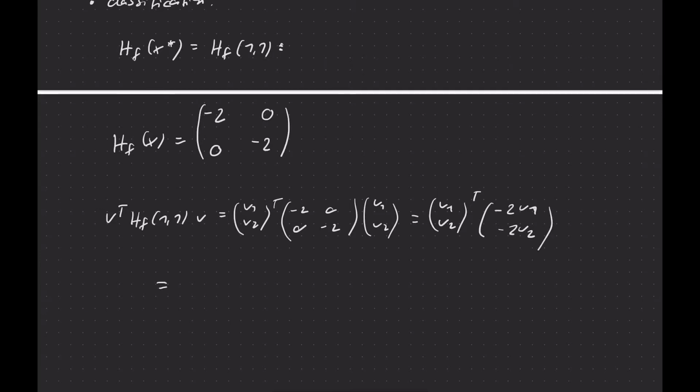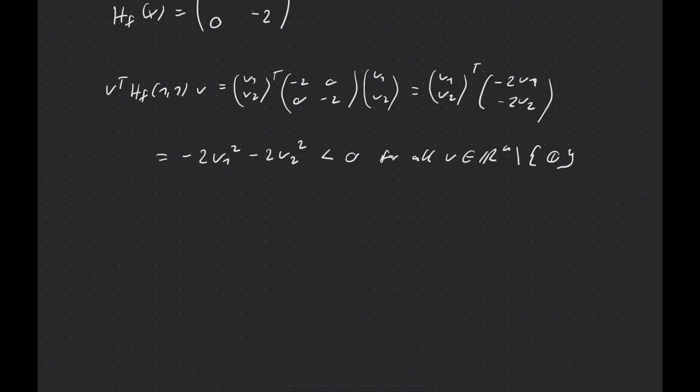And if you compute that scalar product, we get -2v1^2 - 2v2^2. And now if v is not the zero vector, then of course this is strictly negative for all v in R^n, with the exception of the zero vector. So the matrix Hf(1, 1), the Hessian at that point in question, is negative definite.